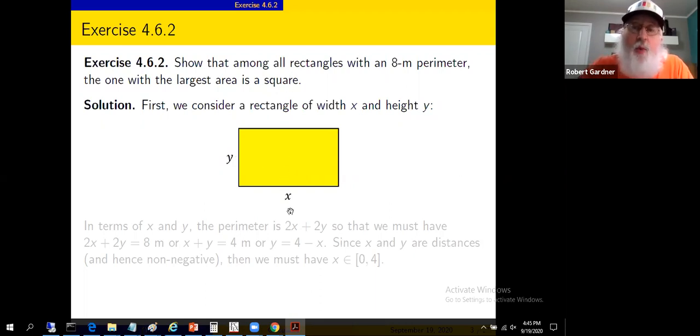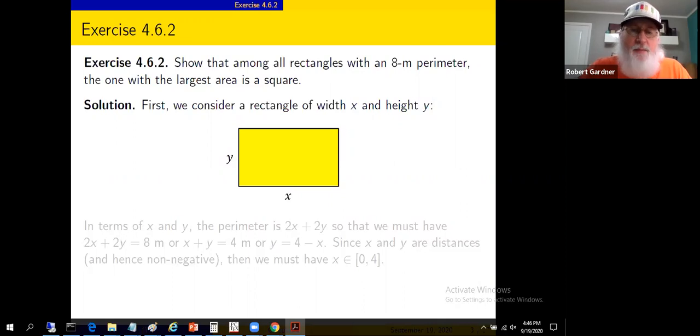Conversely, we could make y large and give it a large height, but then x would be small. And the area is based on x and y. So if I make x really big, y is going to have to be really small, and the area is going to be really small. If I make y really big, then x will have to be really small, and the area will be small.